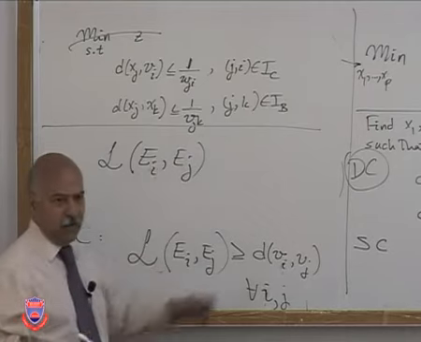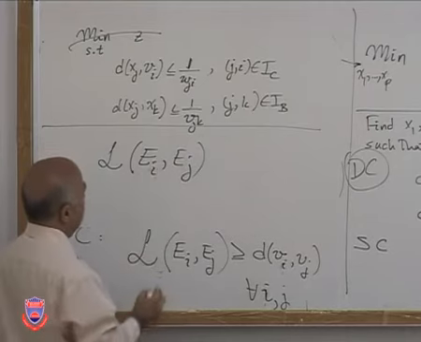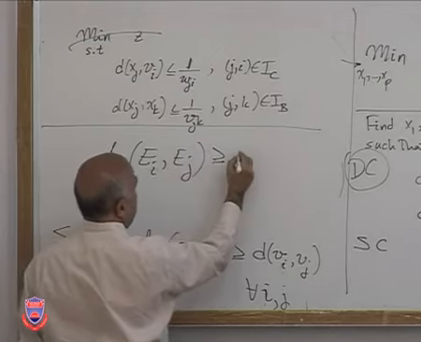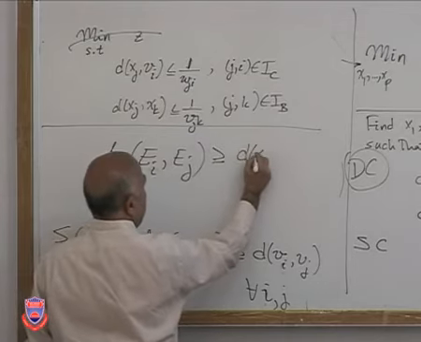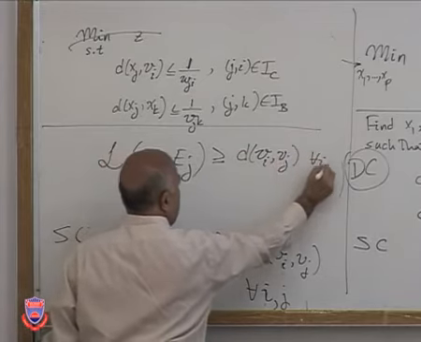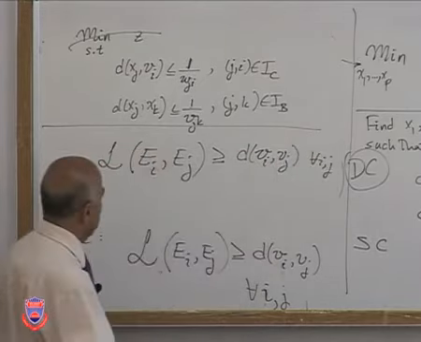You're trying to satisfy these conditions. That's with these weights. And you want that to be greater or equal to this for all pairs of vertices.